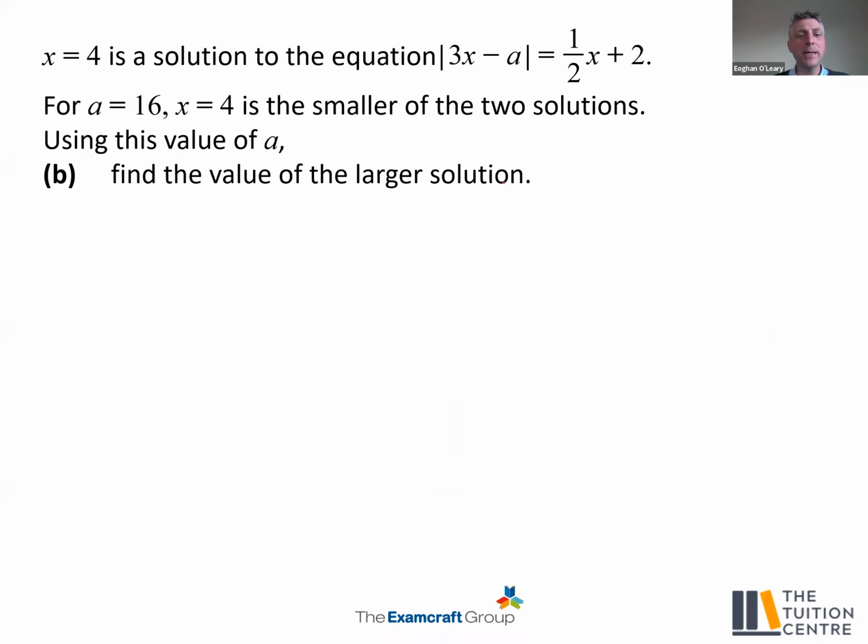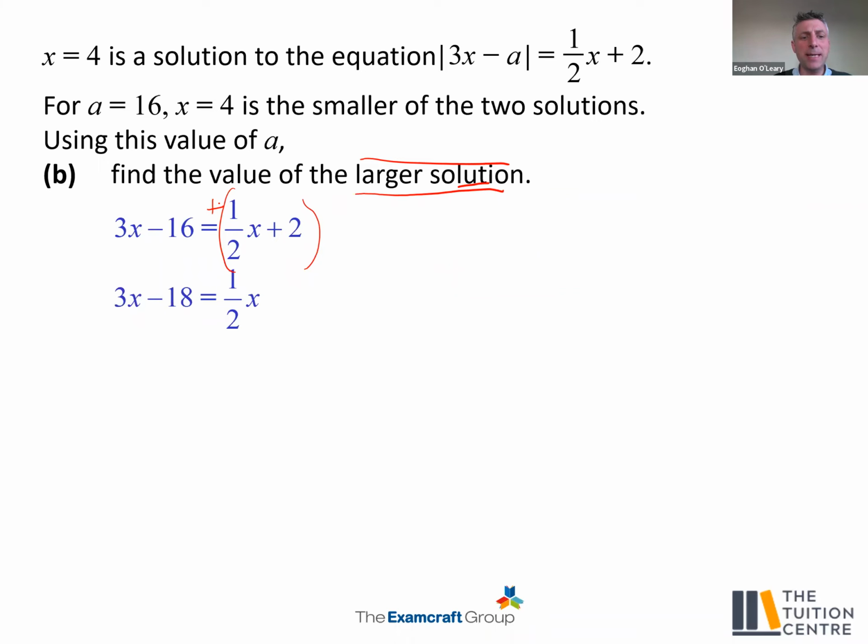Again, it sounds a bit complicated, but really, we're putting in 16 for a, and we're going to find the larger solution. Thinking about the plus or minus version, we'll have the plus version here.